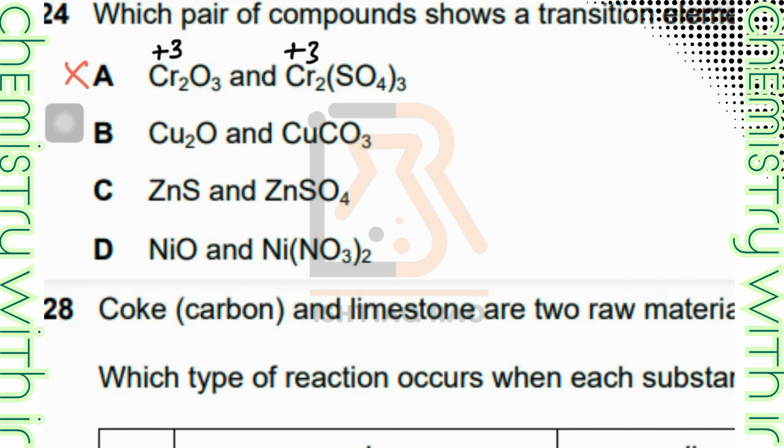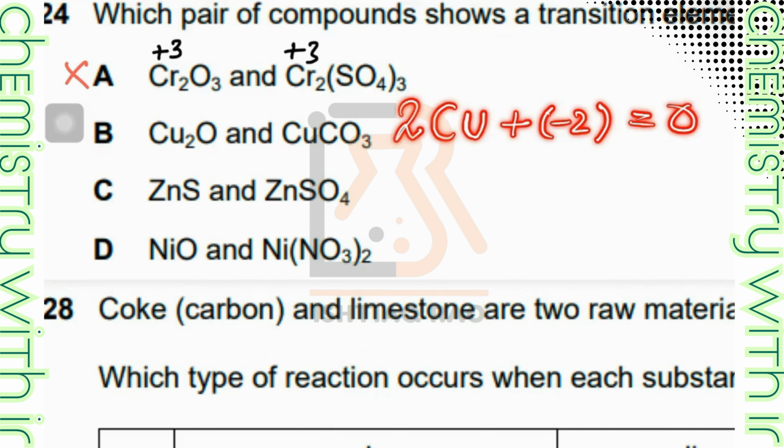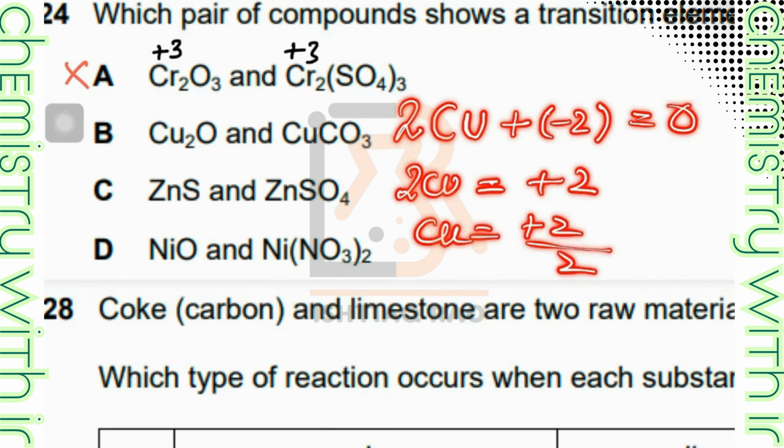No. Is it 1? Yes, this is 1. How? Let me tell you. Copper, that is the sample, that is your X, plus oxygen minus 2 is equal to 0. We have 2 copper, so 2 copper is equal to plus 2, and copper is plus 2 upon 2. That's going to be plus 1.